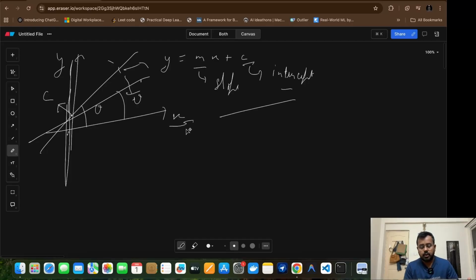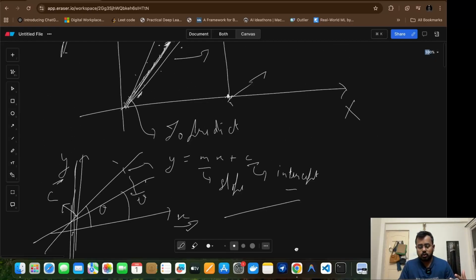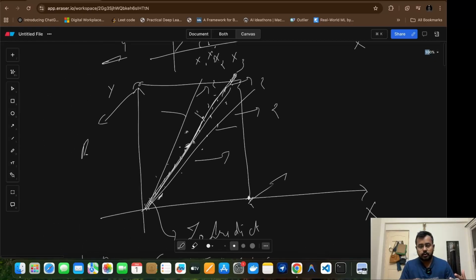You can assume this to be the area and this to be the price, and we have to find the best line out of these. We have to predict the slope and intercept of the best line, which seems to be this one in this case, or it can be anything else.